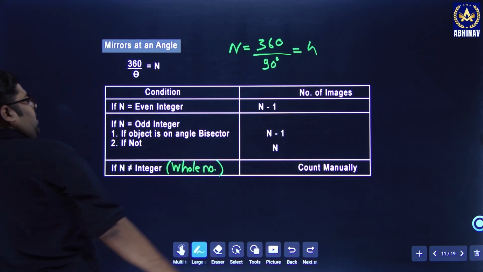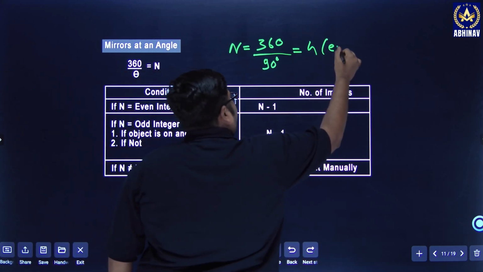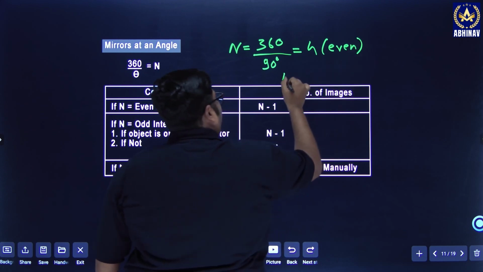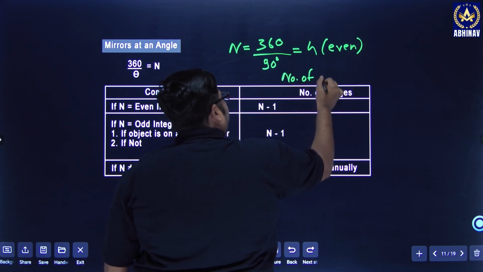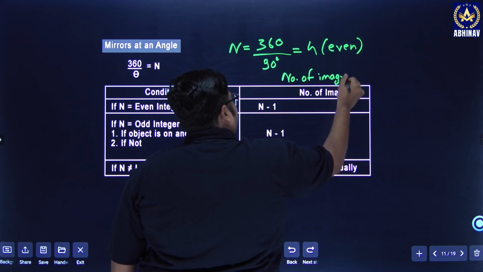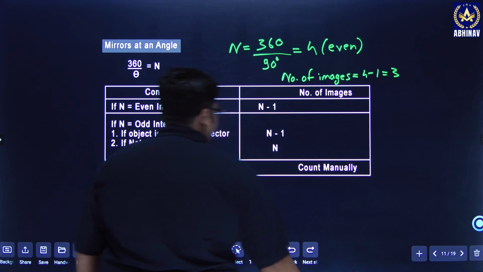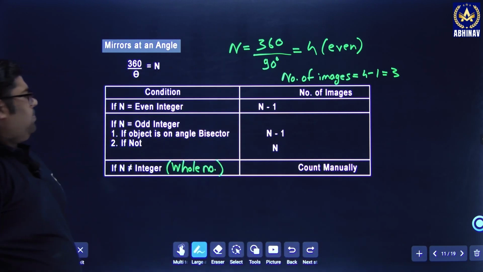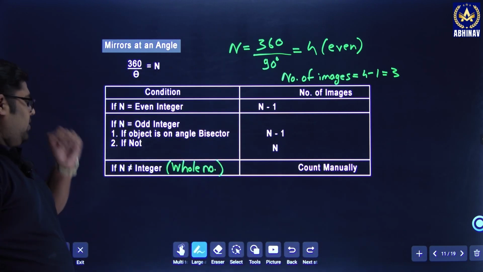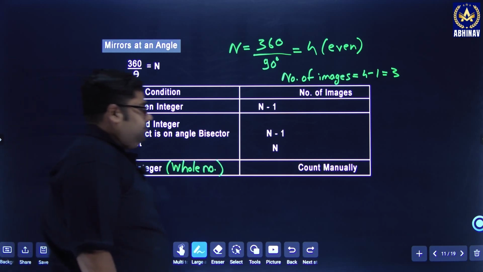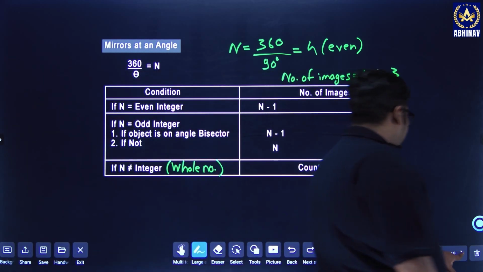Now 4 is an even number. So the number of images will be 4 minus 1, that is equal to 3. I hope this concept is clearer to us, right? Let us move on to the next one.